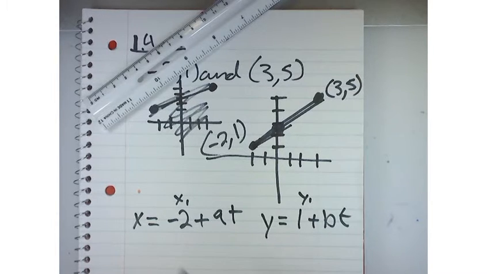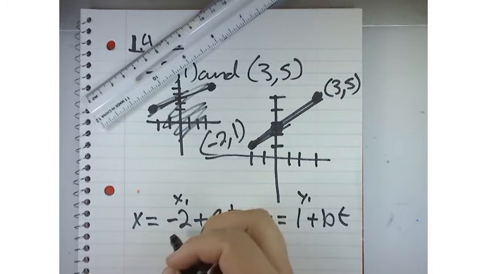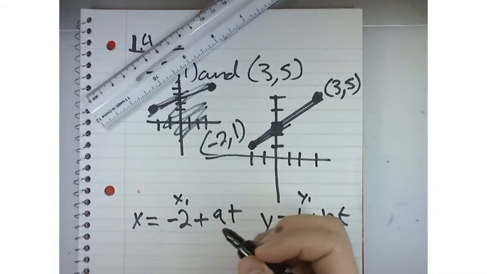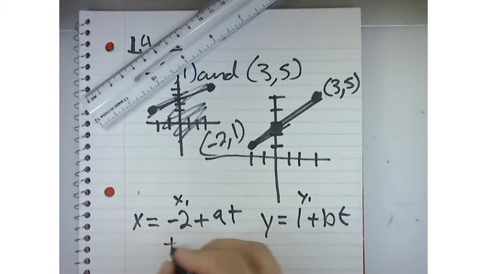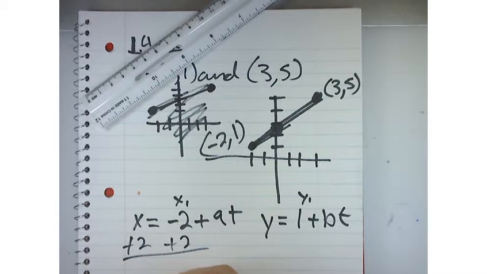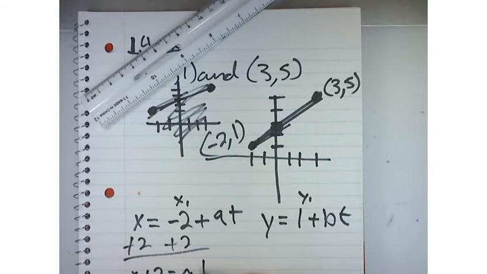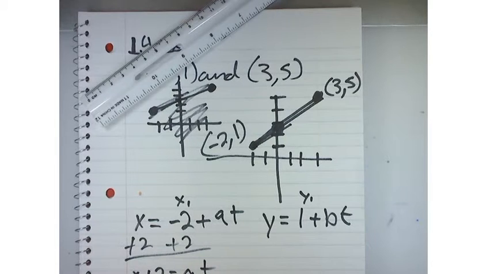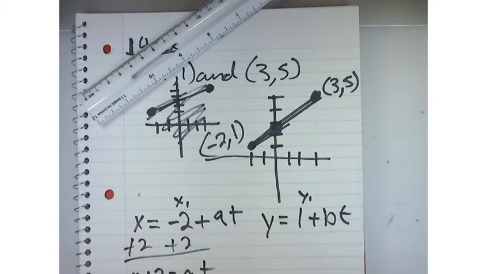So now what I want to do is solve this for t. I'm going to add 2 to both sides over here, and I'm going to get x plus 2 equals a times t, and then if I divide by a, I get x plus 2 over a equals t.